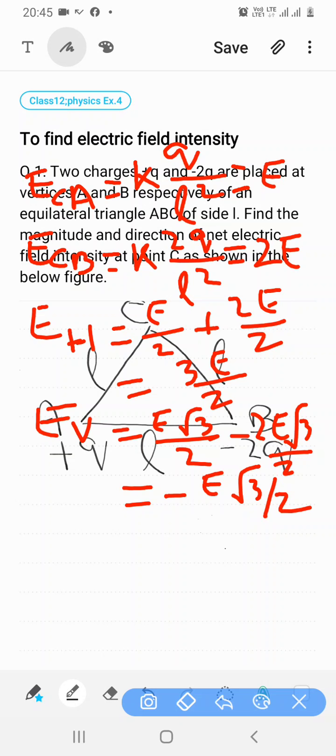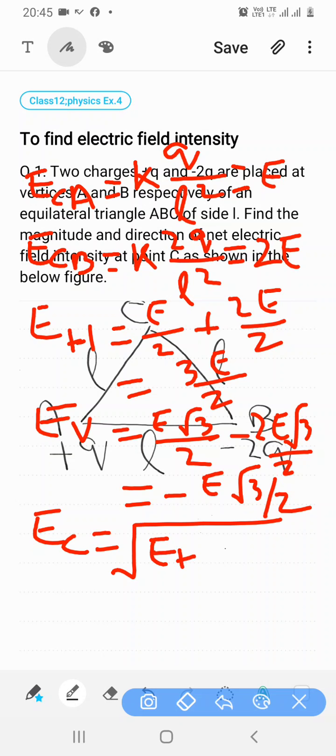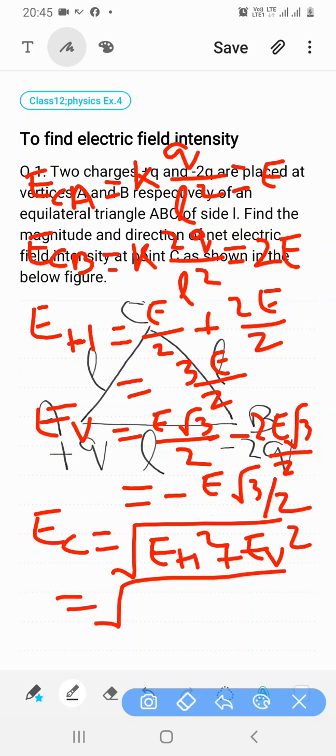So net electric field intensity in magnitude at point C, EC is equal to under root EH square plus EV square, and EH you got 3E by 2, so this will be equal to 9E square by 4 plus EV minus E root 3 by 2, that is 3E square upon 4.